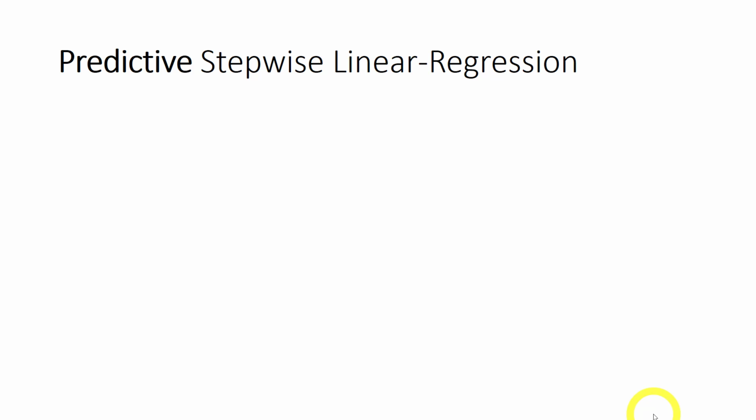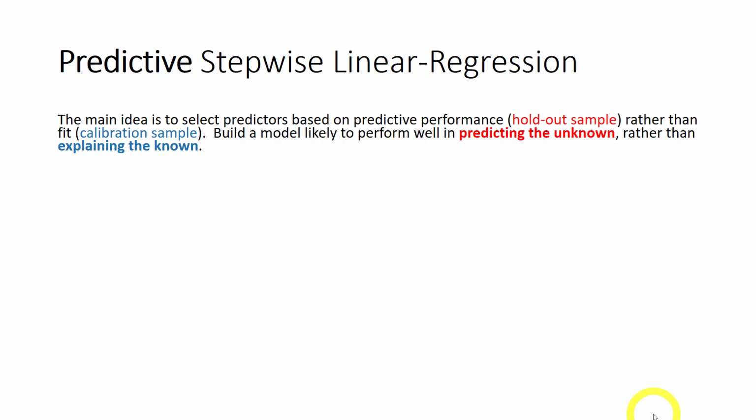The very simple idea, that I have to admit is not being thoroughly tested, but is based on the same principles used in machine learning, the idea of cross-validation, of assessing models not on the calibration sample, but on a holdout sample. So the main idea is to select predictors based on predictive performance, on how well the model predicts the dependent variable on a holdout sample, rather than based on fit in the calibration sample.